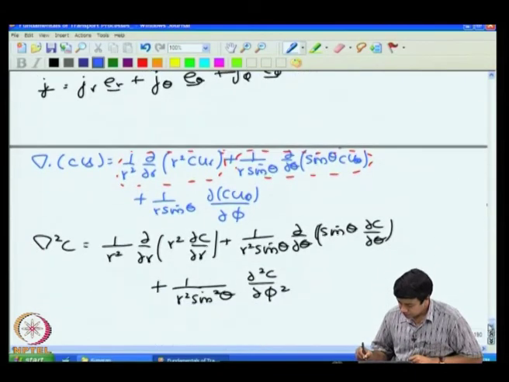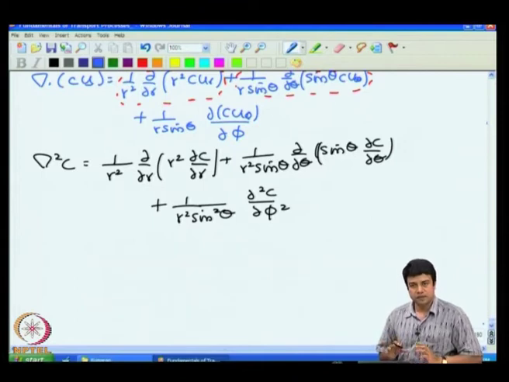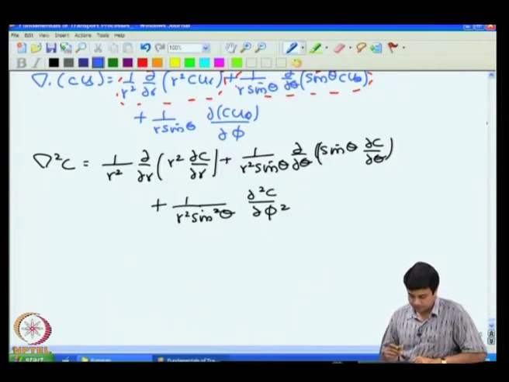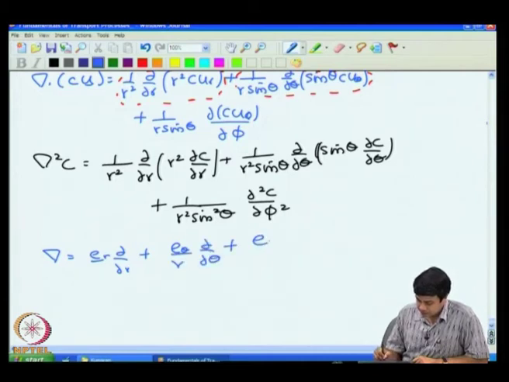I will briefly go through the reason here. I will not give you a detailed explanation, I will just give you briefly the reason why these assume more complicated forms. I define the gradient as E r d by dr plus E theta by r d by d theta plus E phi by r sin theta d by d phi.